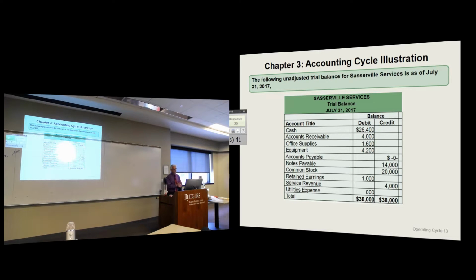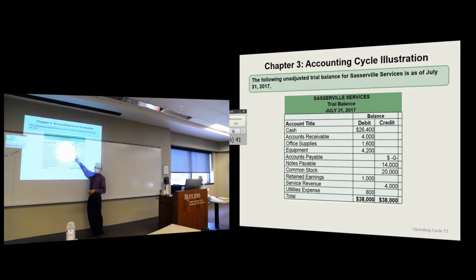So a trial balance is not a financial statement. It is an internal document. It is to ensure that debits equal credits. So in many cases, I ask for a balance sheet on the exam and I get a trial balance. This is not a financial statement. It's not a balance sheet. You just list all of the accounts, and you notice that they're in financial statement order.